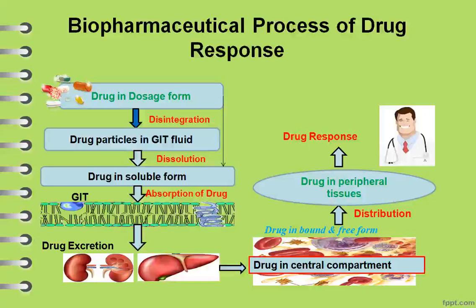Then the drug enters the blood, goes through the hepatic portal vein and to systemic circulation, through which it is distributed into the different tissues and target site to produce response.